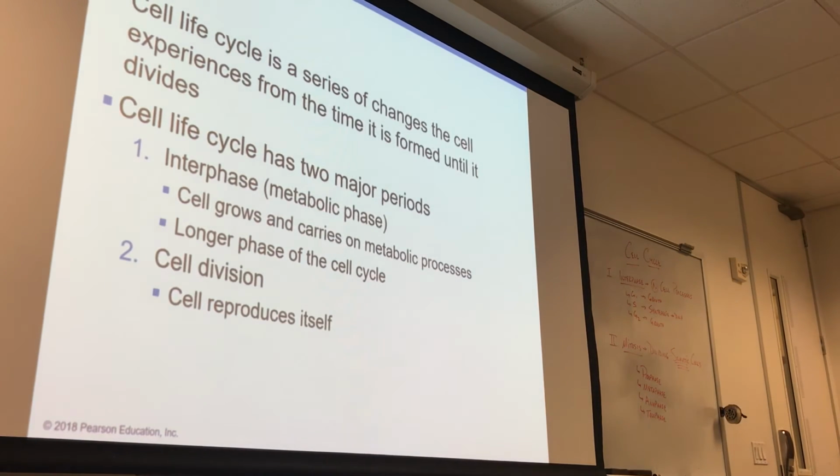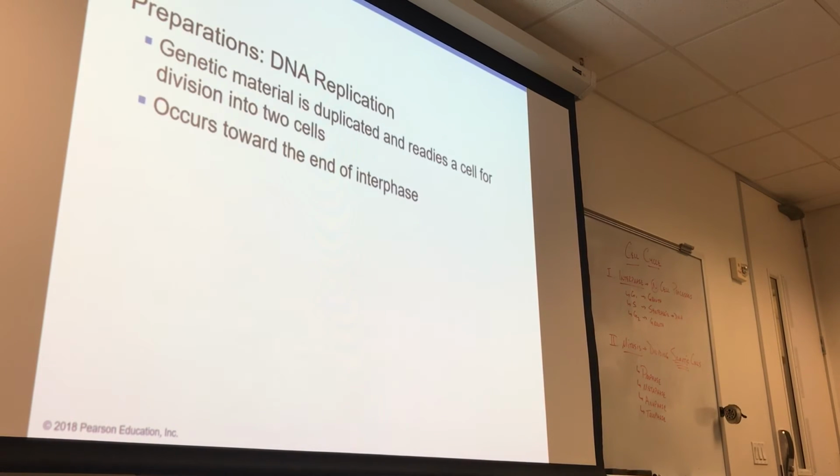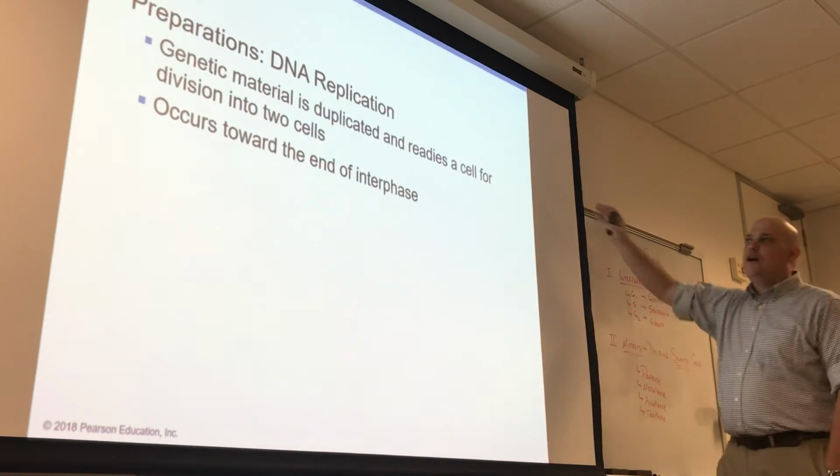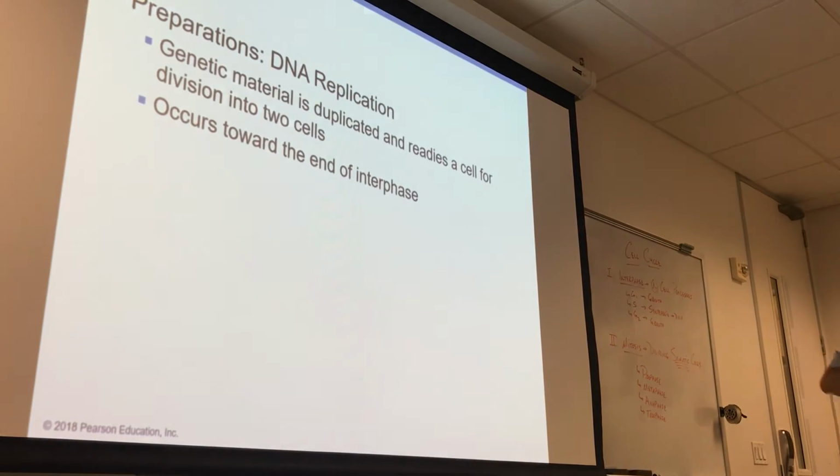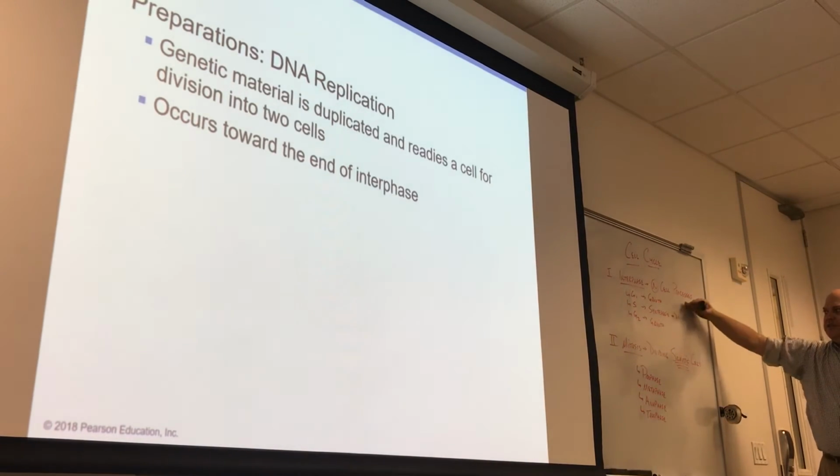So it's going to be important that you're able to understand the difference between each of these different phases of the cell cycle. So during interphase, our cell is undergoing normal bodily processes. In two of its three subphases, all the cell is doing is getting bigger.